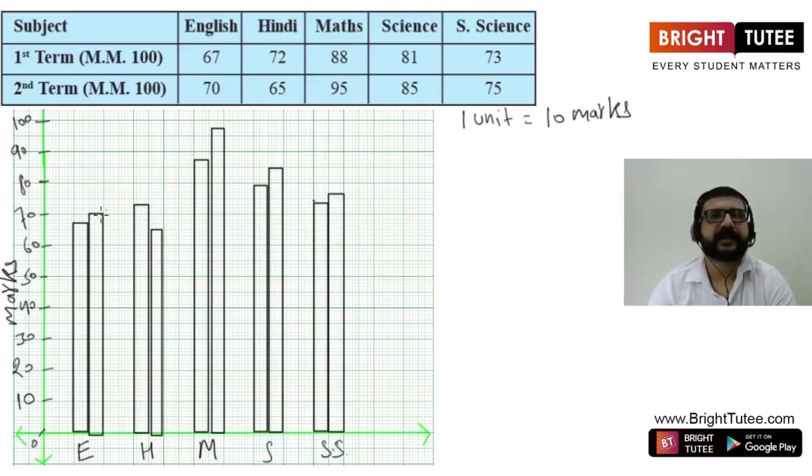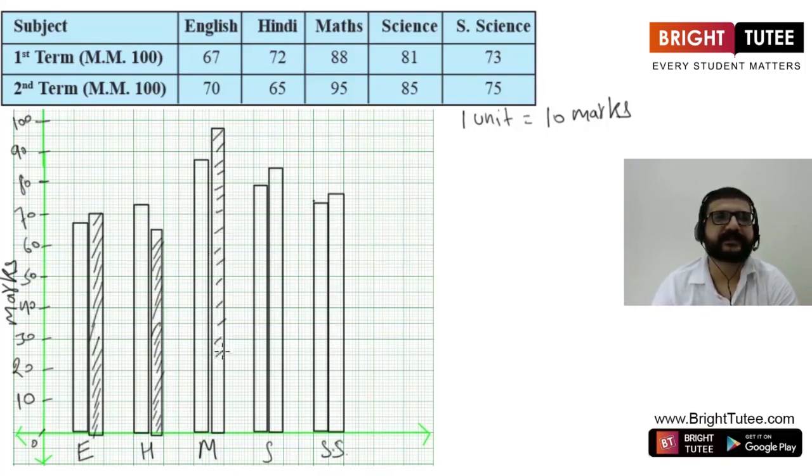Now let's shade every second bar which will represent the marks of the second term. We can do it like this. Similarly for Hindi also. This will help us in differentiating between the marks of second term and the first term.